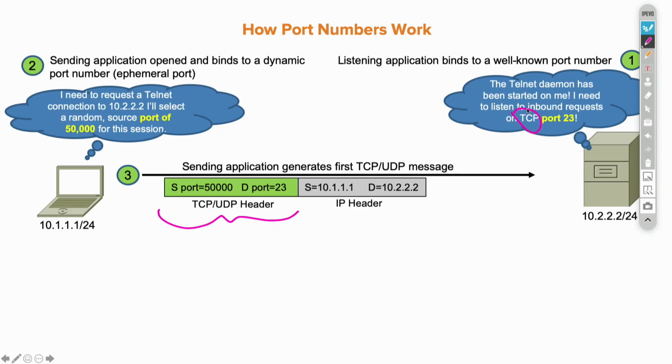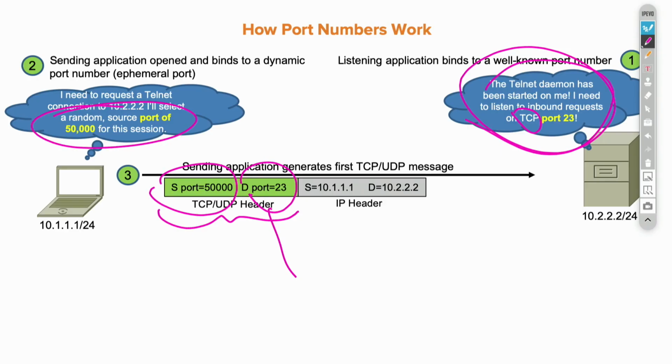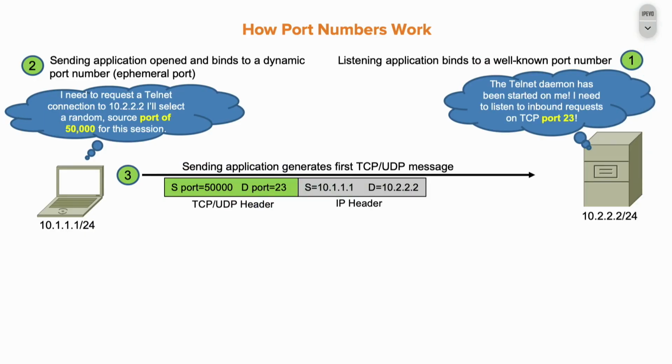But even if this was UDP, some UDP application, this theory would hold true. The destination port number is the well-known port number that the server is already listening on. The source port number is this random source port number that the PC generated for this particular session.